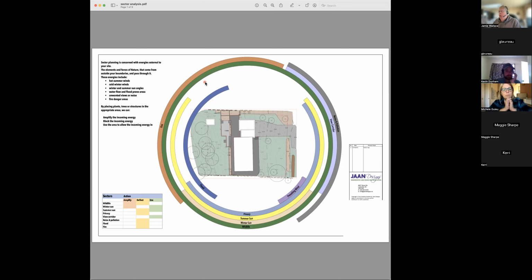In a lot of ways, I find that this is a great starting point because this will be the first design sheet that we share with our clients. We'll put together the base plan, we'll put together a sector map or sector analysis, and then we'll share this with them and make sure that we're all on the same page.